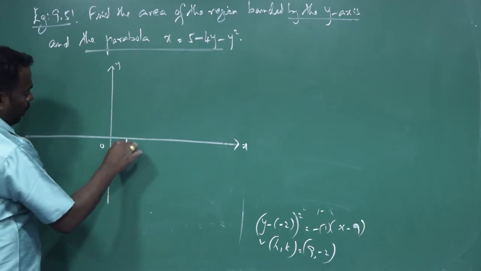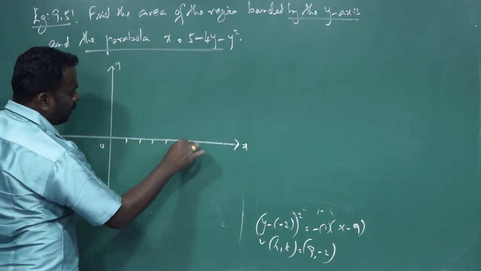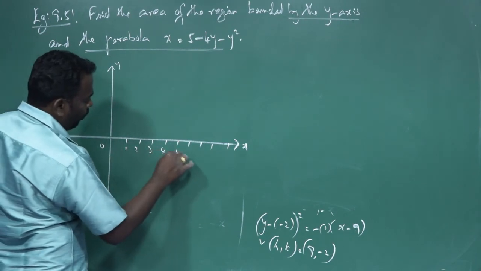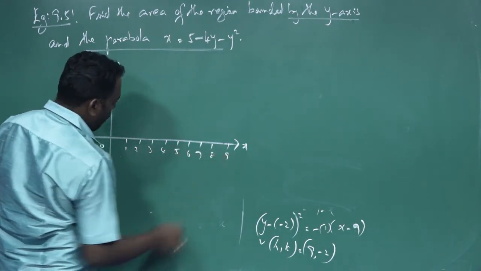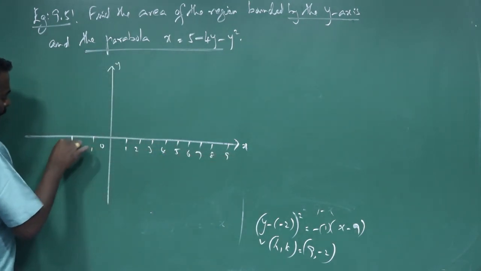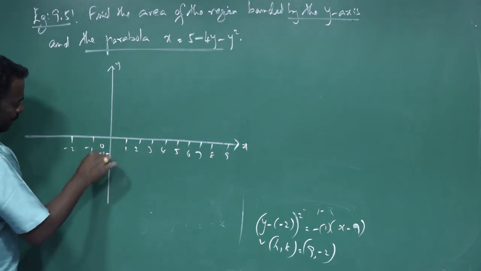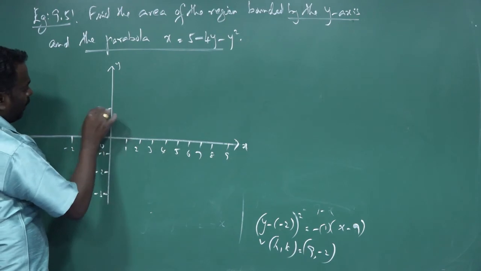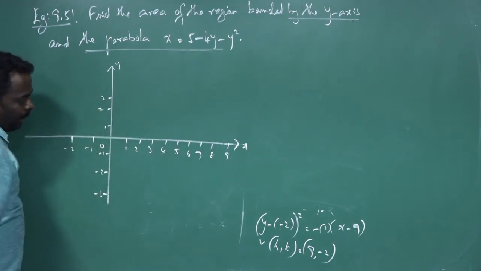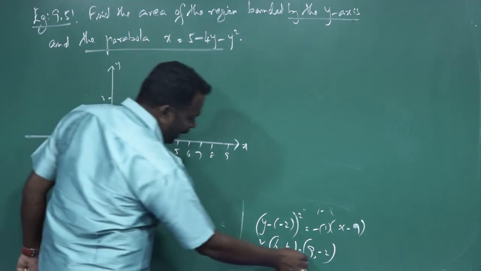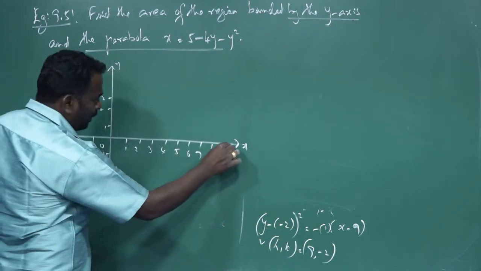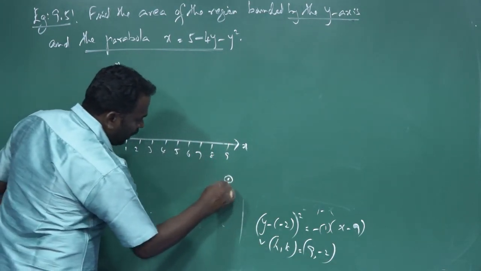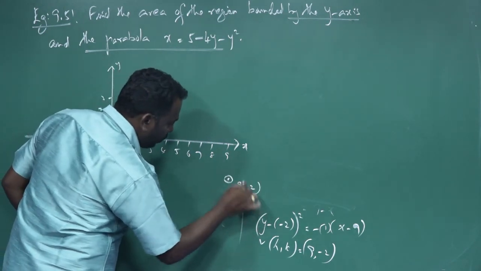Origin, 1, 2, 3, 4, 5, 6, 7, 8, 9, and minus 1, minus 2, minus 3, then plus 1, plus 2, plus 3. Now the vertex point is (9, minus 2), so this is the point.